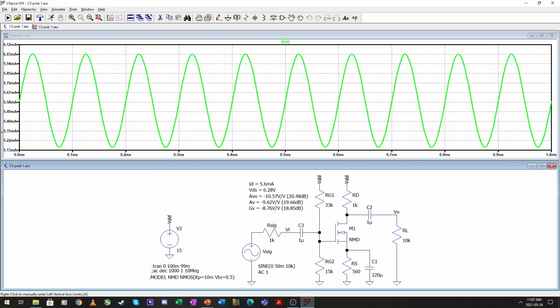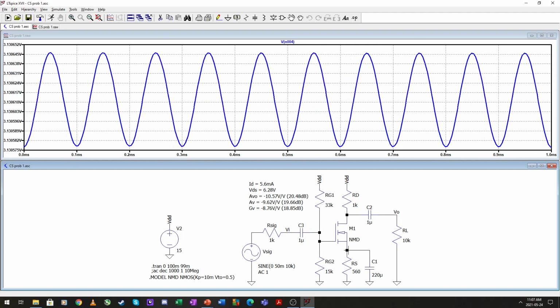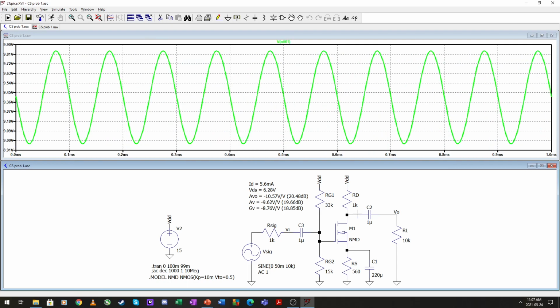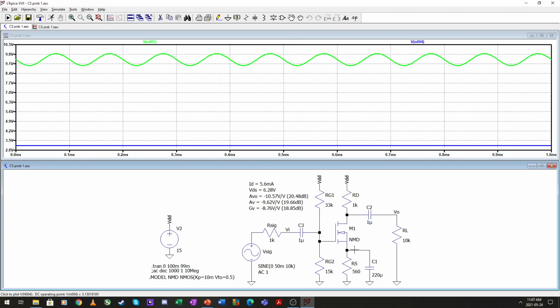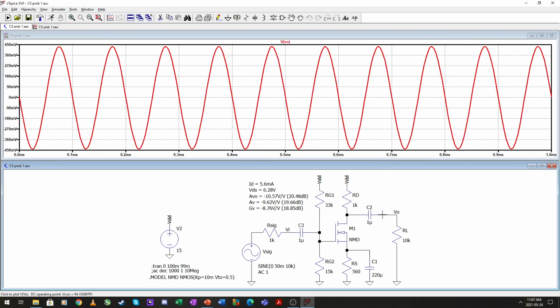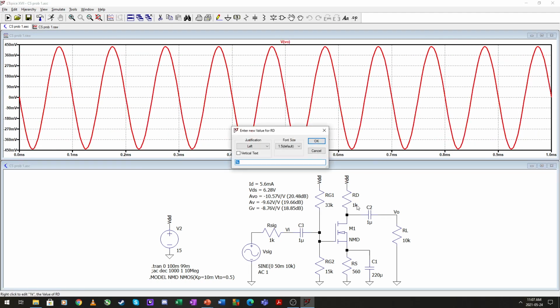So there is our drain current. Here is our Vs, close to 3 volts. And if we subtract this and this, we get about 6.28 volts. So our amplifier does check out in simulation to what we have designed.